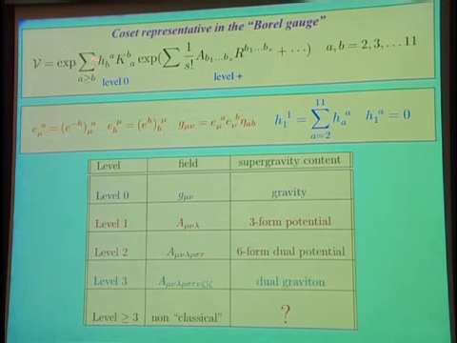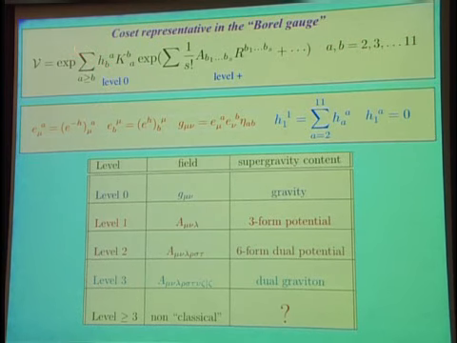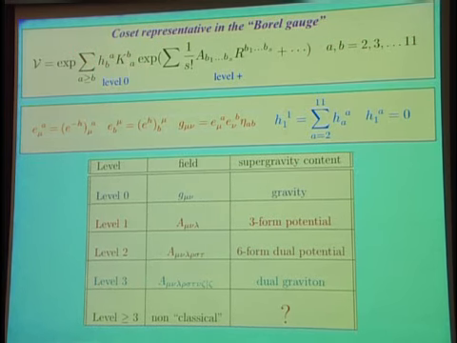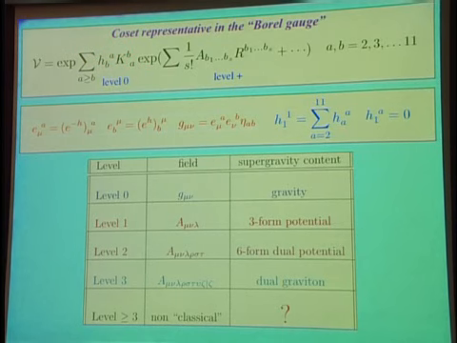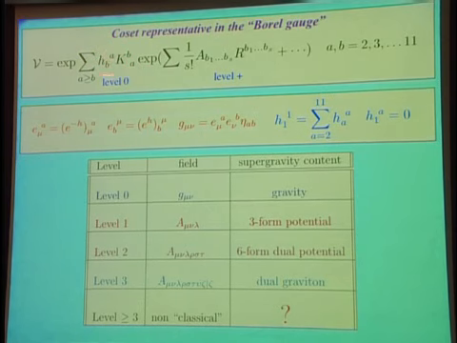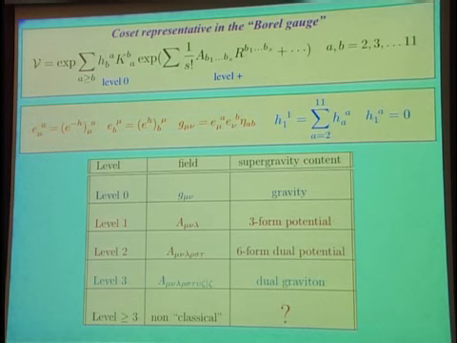Now, what's the meaning of these things? We know that these ones, with these deformations of the torus in the simple reduction, have to do with gravity, and it's not difficult by many arguments to show that these are related to the vielbein by the exponential. And so these are the vielbein out of which we can construct the metric, so the level 0 is related to the metric.